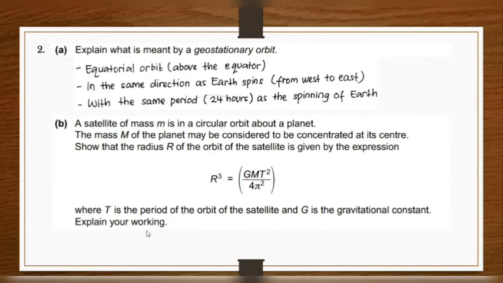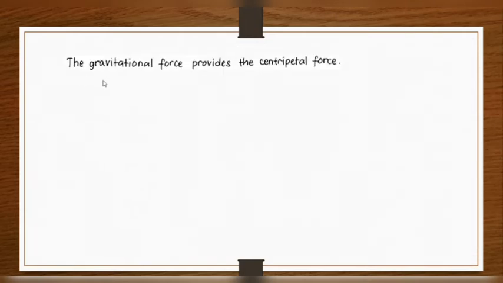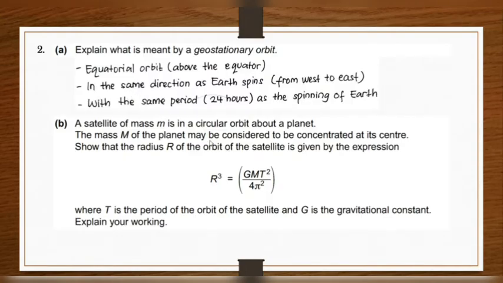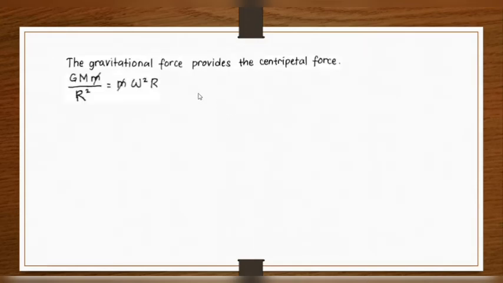Every time you have to explain your working, you can state this: the gravitational force provides the centripetal force. Gravitational force is given by G capital M small m over r squared, equals the centripetal force, m omega squared times r. This m is the mass of the satellite because it is orbiting about the planet in circular motion.